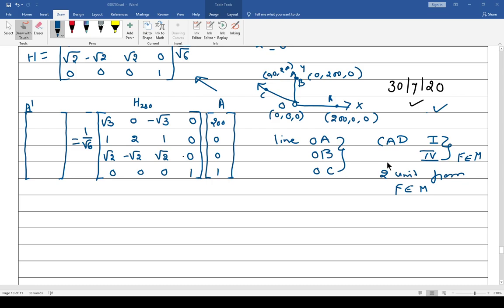Now it is a 4 by 4 matrix. So in multiply you will type 4 comma 4 comma 1 instead of 3 comma 3 comma 1. This is the H matrix, this is the A matrix. So multiply H comma A, 4 comma 4 comma 1.